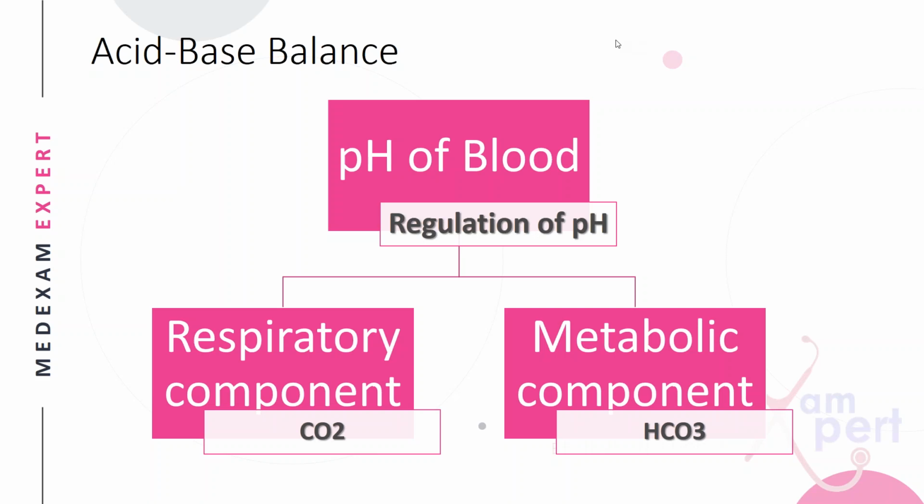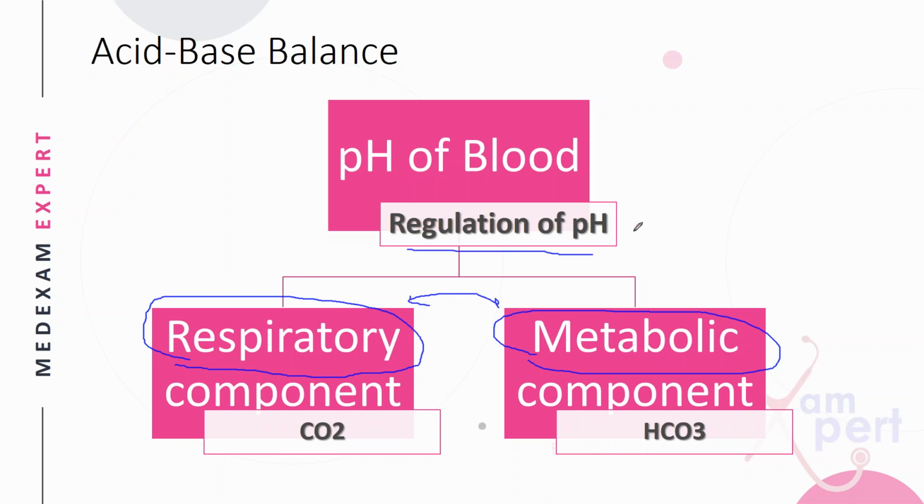These two components are the respiratory component and the metabolic component. These two systems counteract each other to maintain the pH of this blood in the normal range.